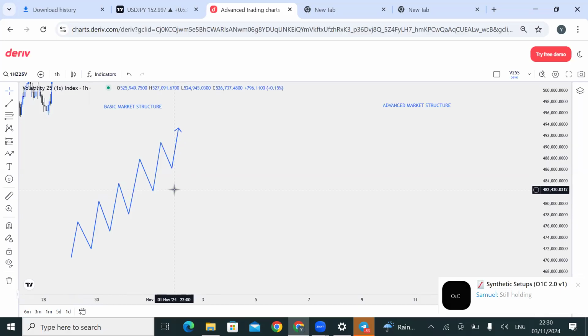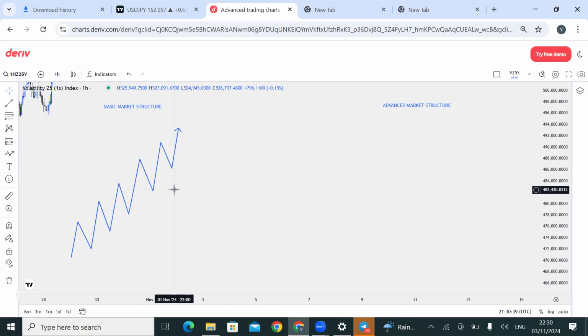The big guys like the banks and big hedge funds trade differently from us retail traders. So for us to understand the way these big guys trade, we have to be able to know what market structure is.